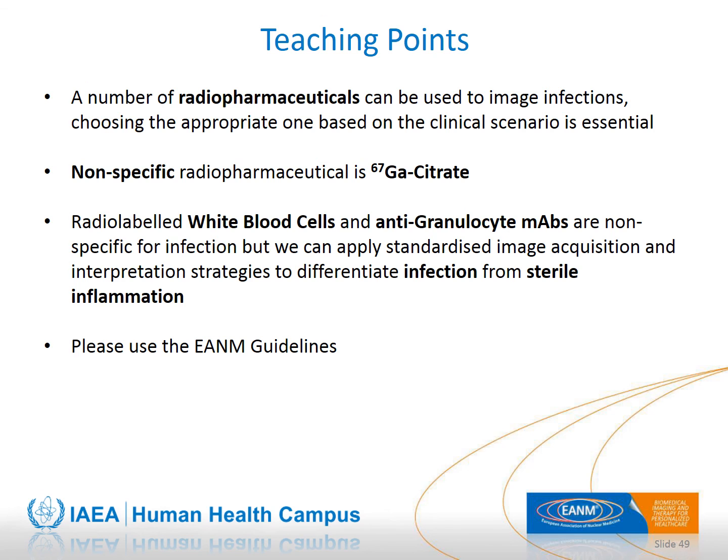Radio-labeled white blood cells and antigranulocyte monoclonal antibodies are non-specific inflammation and infection agents, but using standardized protocols of acquisition and interpretation, often in conjunction with bone marrow imaging, one can differentiate infection from sterile inflammation with a high diagnostic accuracy. EANM guidelines exist for labeling white blood cells, and we would urge you to refer to these.